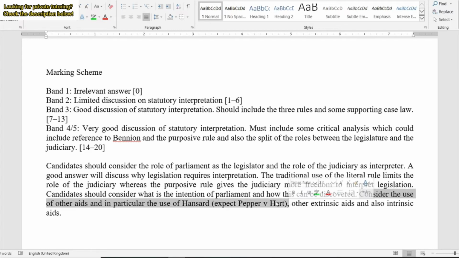So we need to definitely talk about Pepper versus Hart, other extrinsic aids and also intrinsic aids. So you can see the important part is actually here.